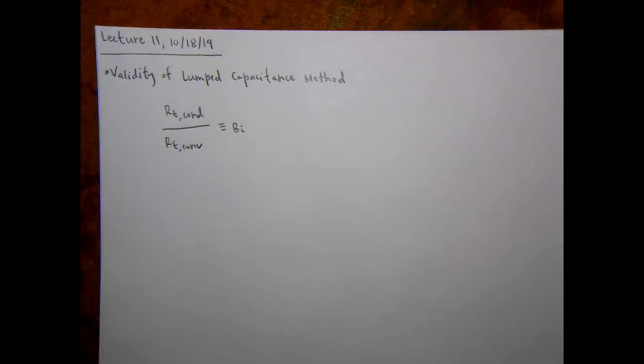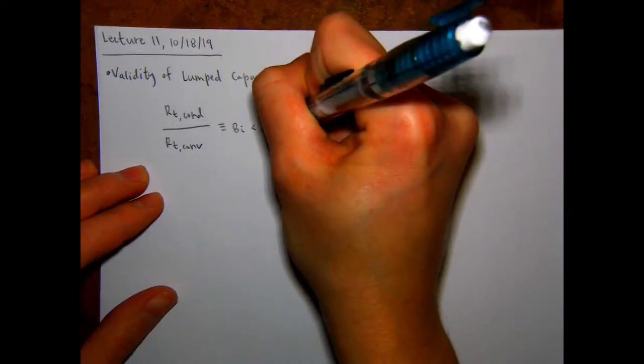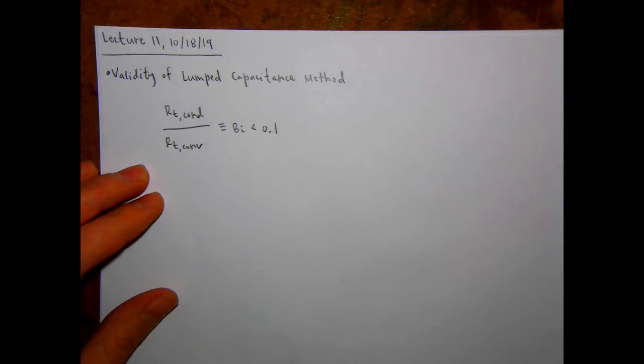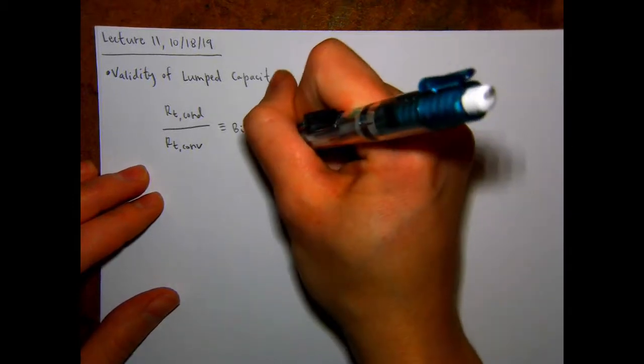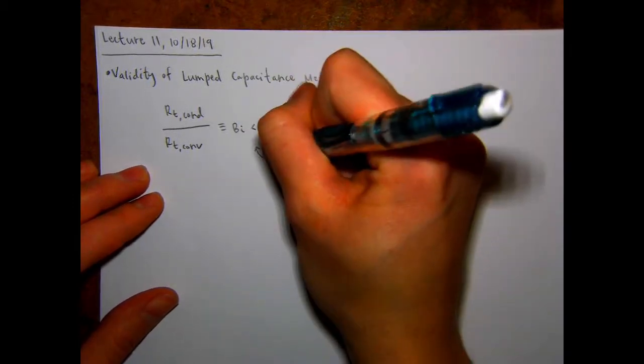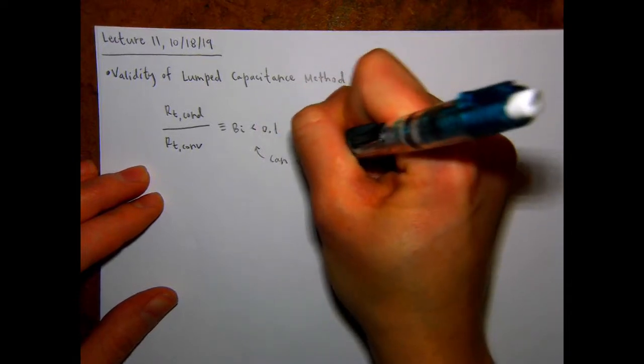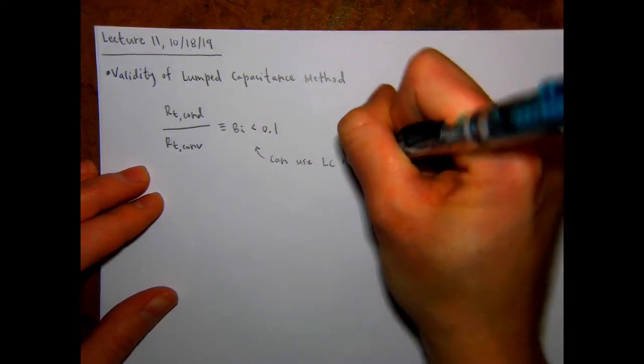We say this number is small if it's less than 0.1. So assuming this condition is true, you can use the lumped capacitance method.